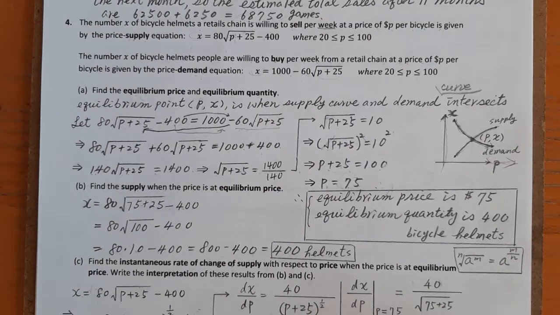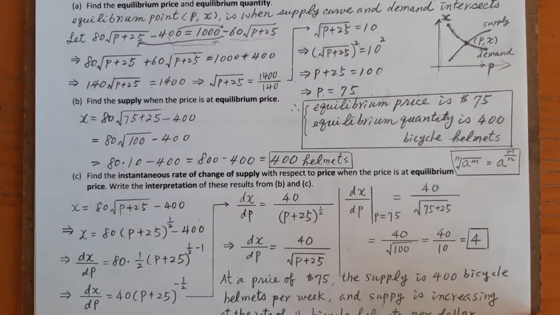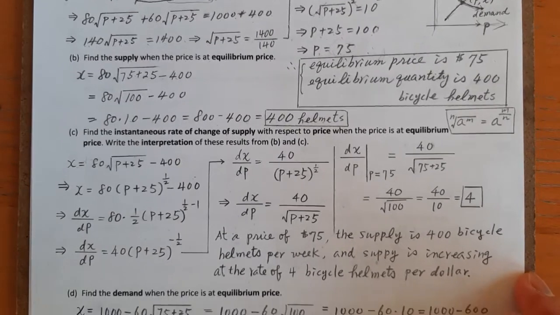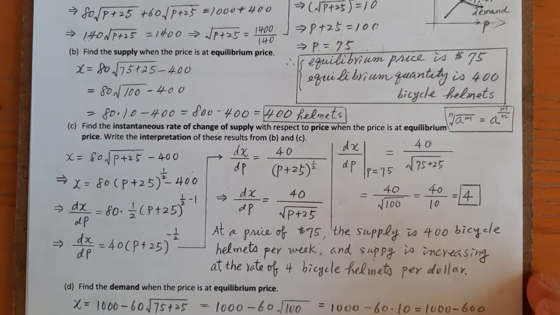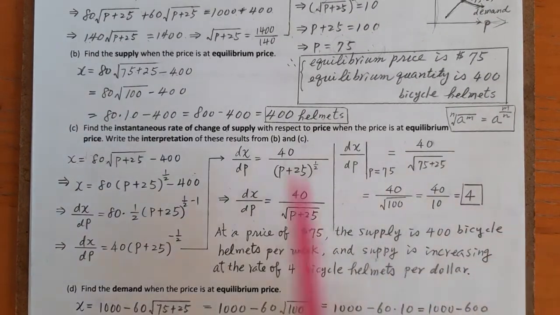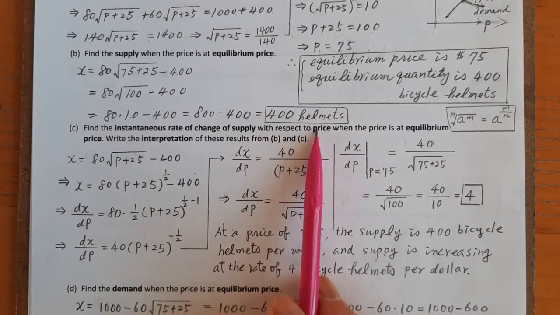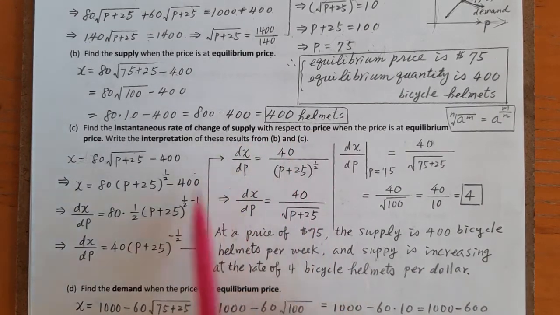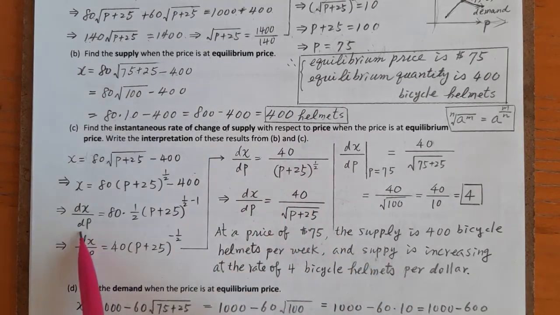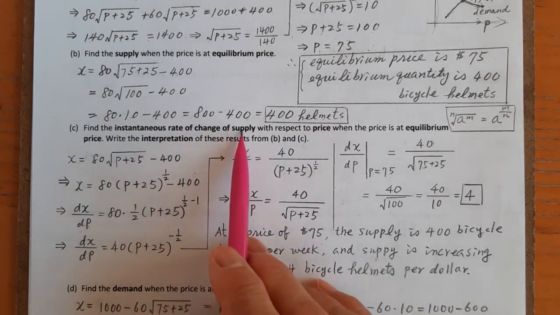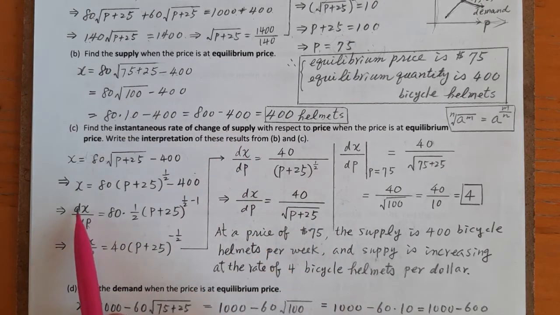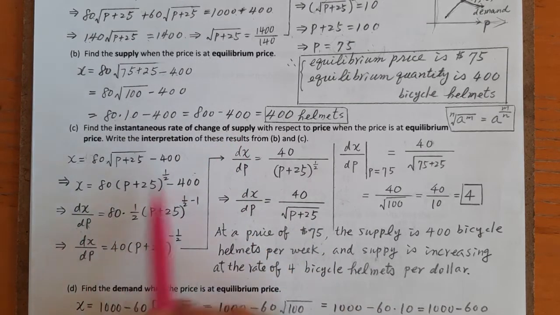Then C, find the instantaneous rate of supply with respect to the price, which is to find dx over dp. P is the price, and the supply is x, so dx over dp for the supply.